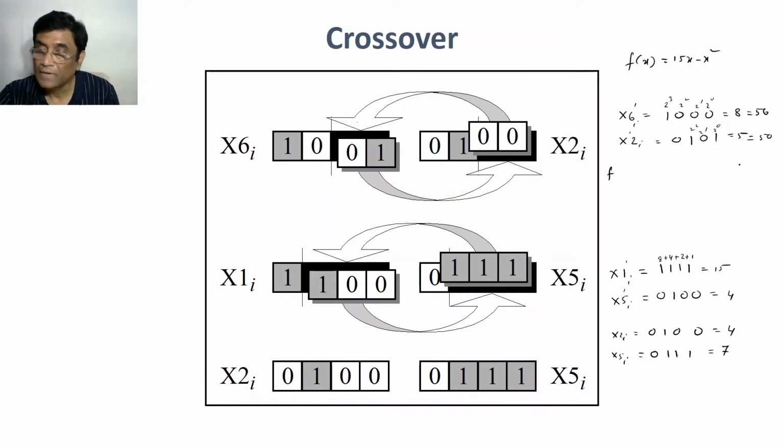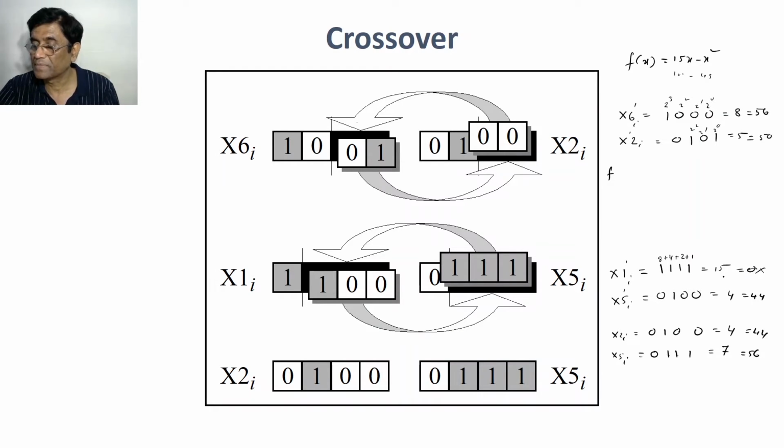Is it correct? 50. And then this fitness value is 0, and this chromosome's fitness value equals 44. Then 7 into 5, 15 into 7, minus 49, equal to 56. So this chromosome is gone, right?